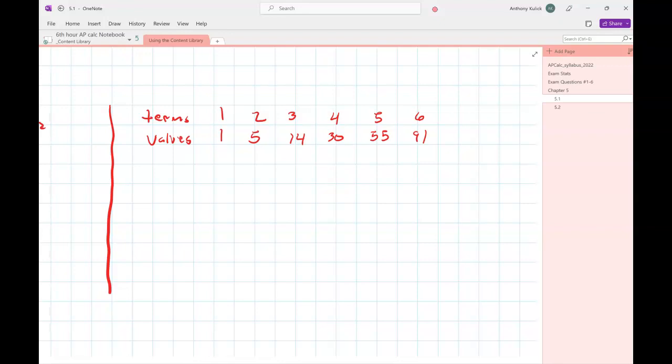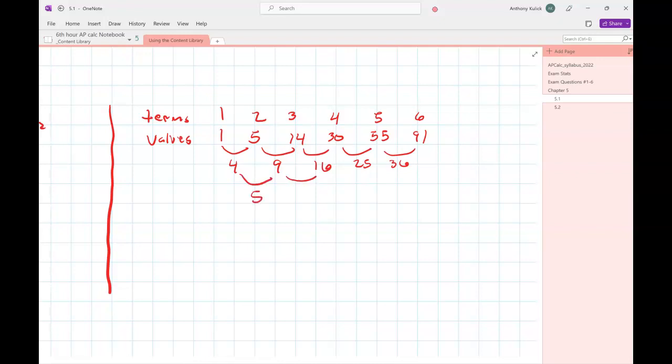So what I'm going to do now is look at the values and look for a common difference. Here we added 4, added 9, added 16, added 25, added 36. Those are all different, so we know that it's not a linear relationship.